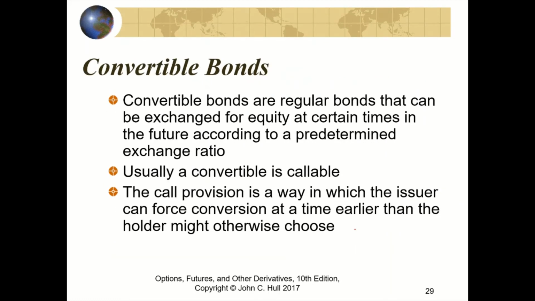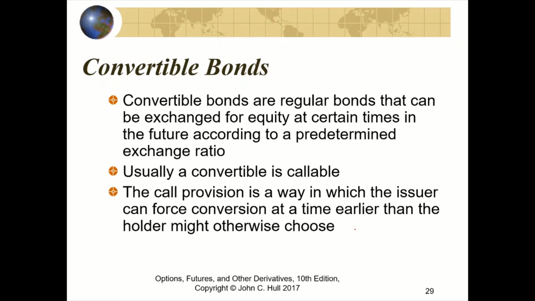Next, we turn to convertible bonds. Convertible bonds are similar to a regular bond, except it also has an embedded option in it. And this option is a call option to buy the stock, or to convert the bond into equity.